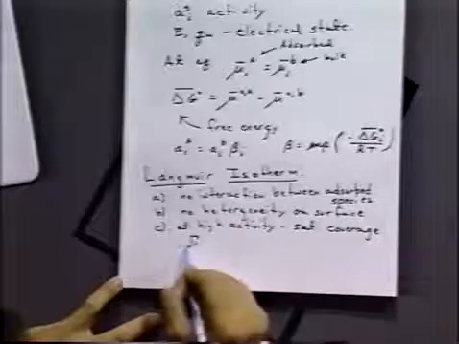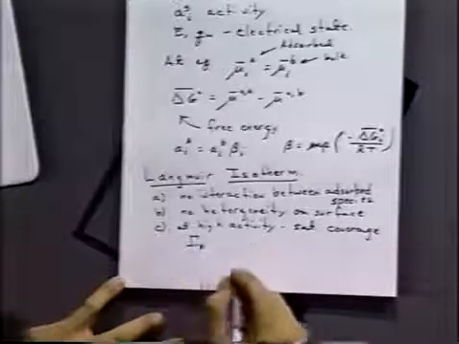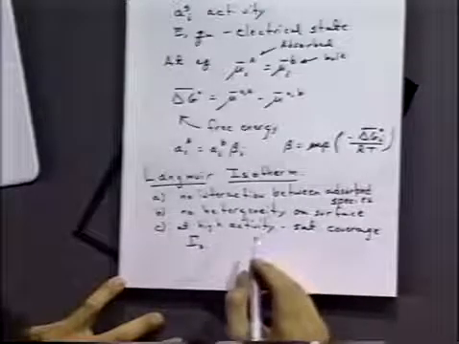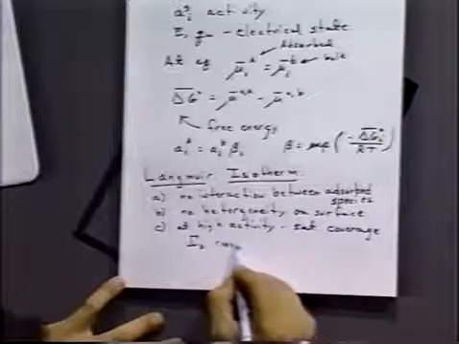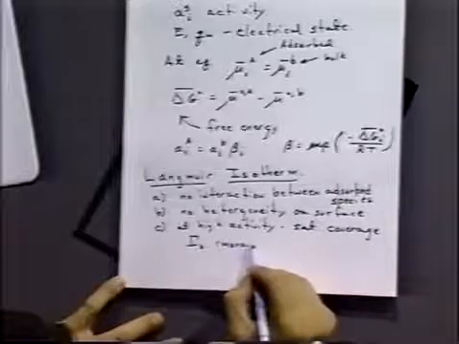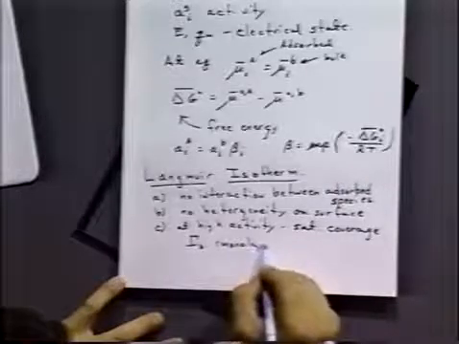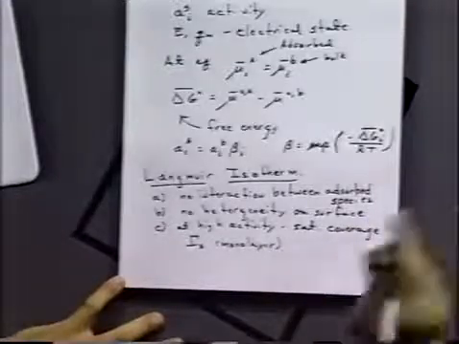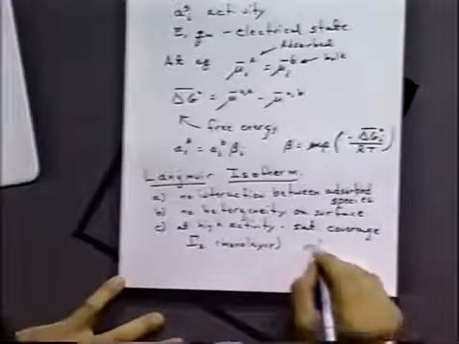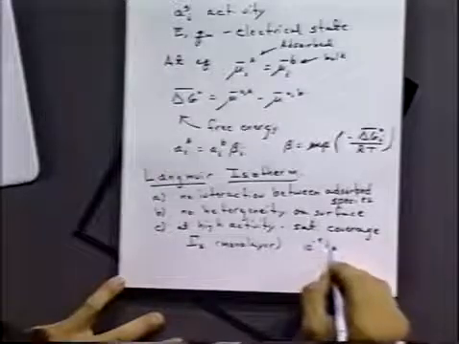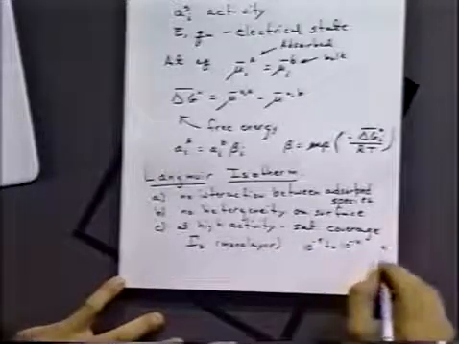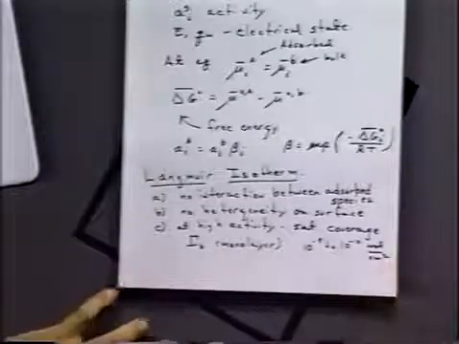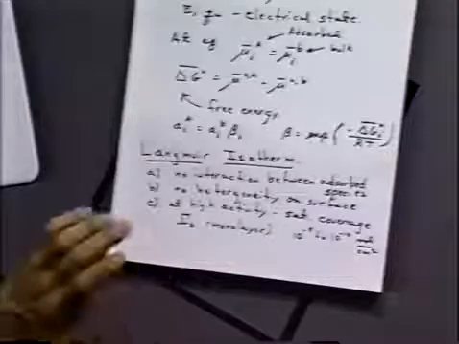And that saturation coverage would be gamma sub S. That monolayer coverage is about 10 to the minus 9 to 10 to the minus 10 moles per square centimeter, depending on the size of the molecule.